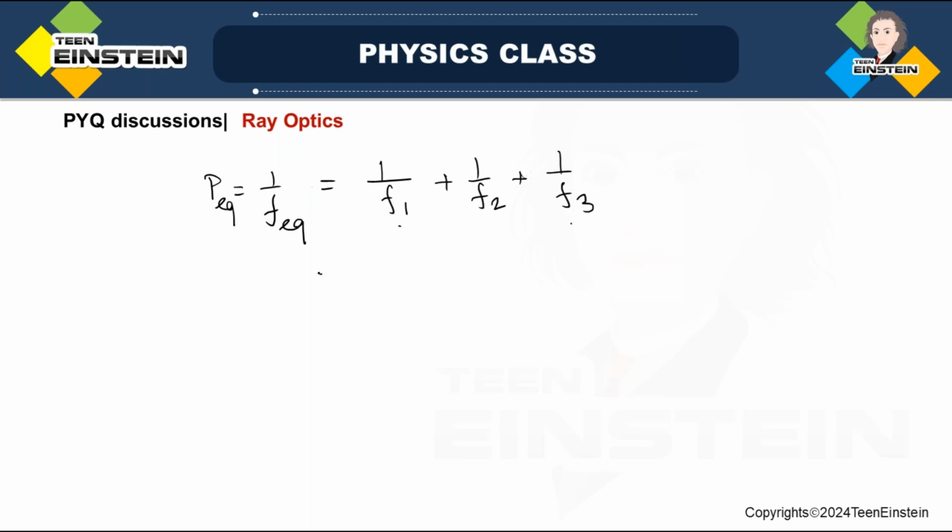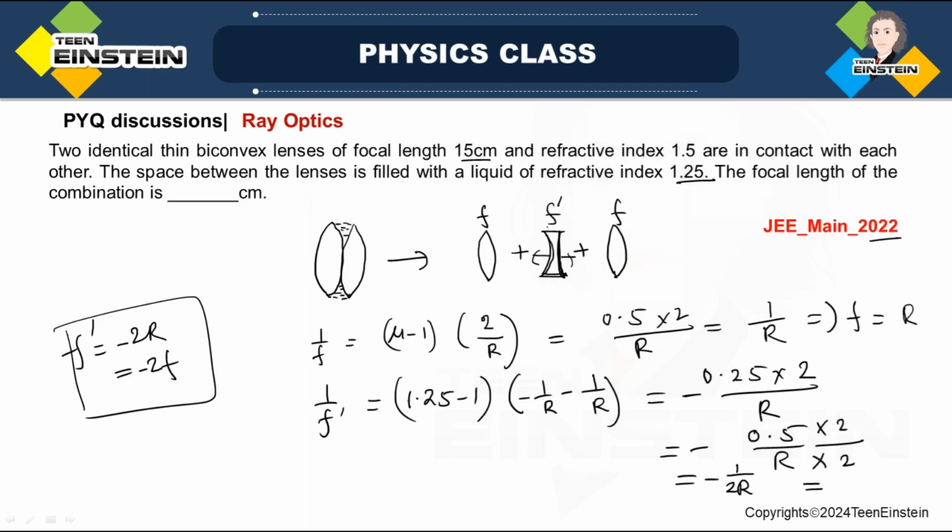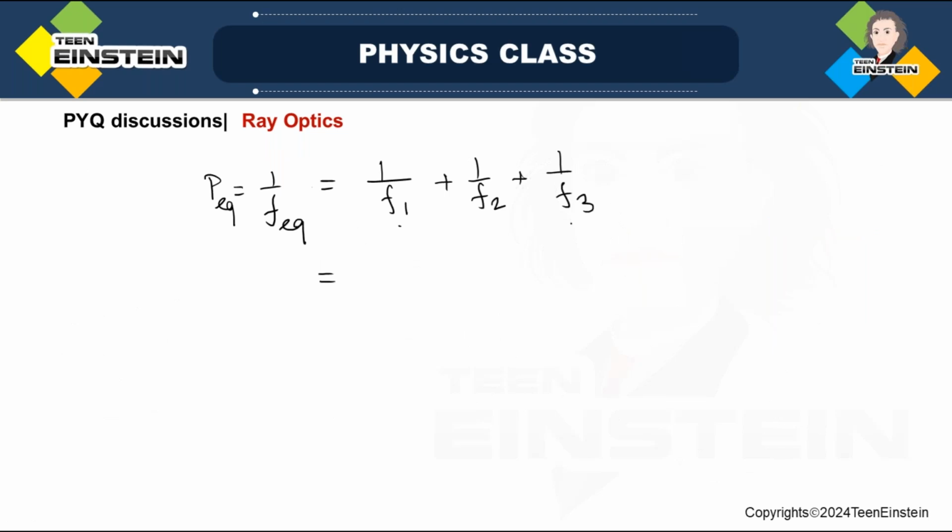So these 2 lenses will have the same focal length. Let us say f is given as 15 centimeter. So let me just do one thing here. I'll write 1 over 15 centimeter minus, this is 1 over 2f, that means 30 centimeter, and this is again 1 over 15 centimeter.